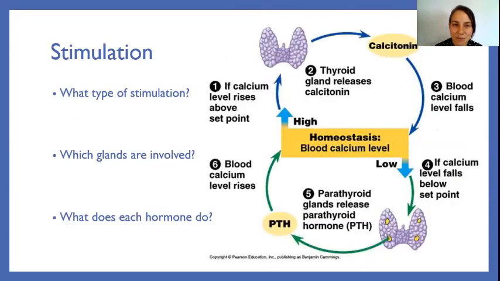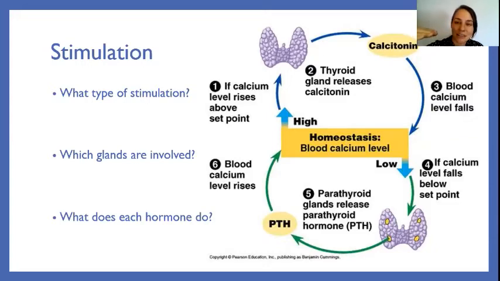So here's an example of glands at work. We're going to see if we can figure out what type of stimulation is being used here. So here's an example where we have to identify what type of stimulation is occurring. Looking at this chart, we're going to first see that the yellow box in the middle says homeostasis, our blood calcium level. So what we're looking at is the calcium in your body being maintained at a specific level, ideal for building bones, for not having too much.